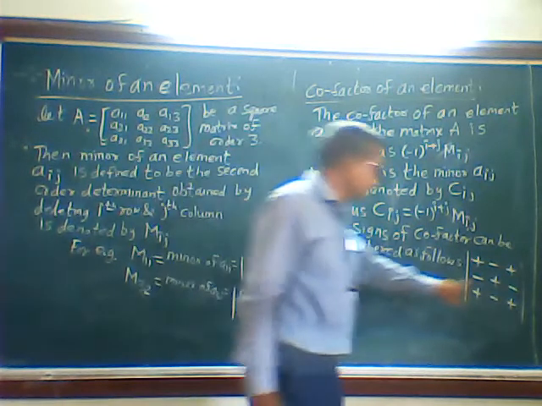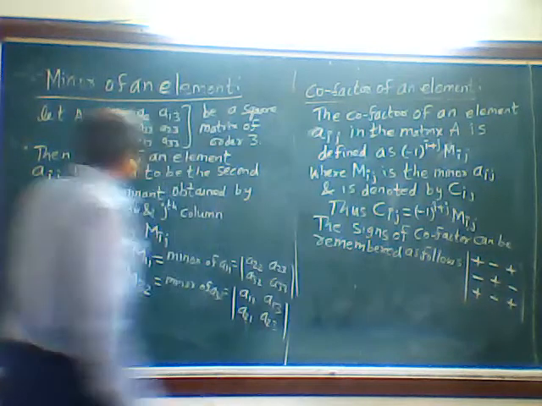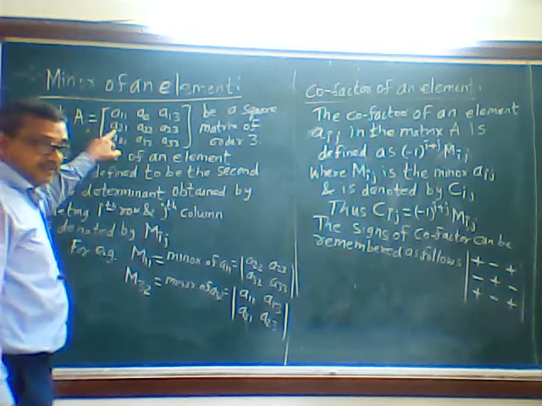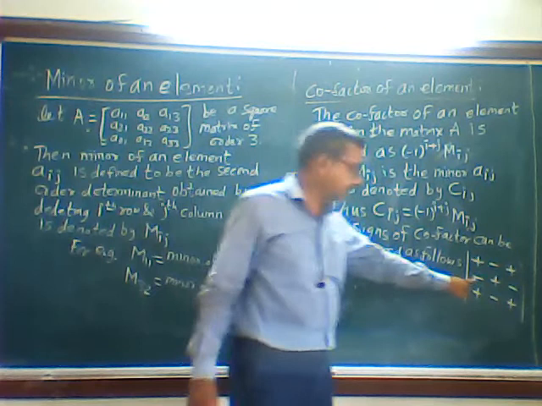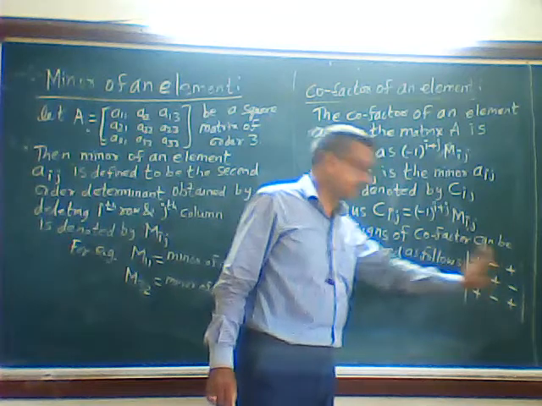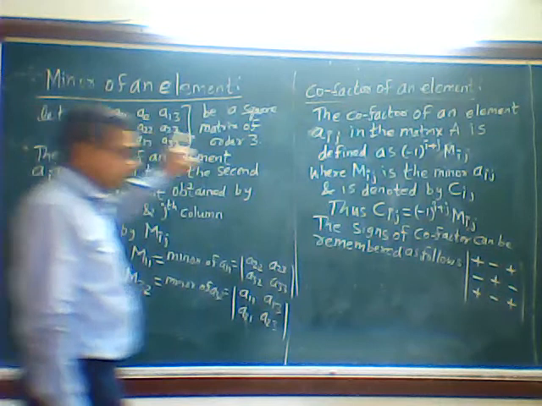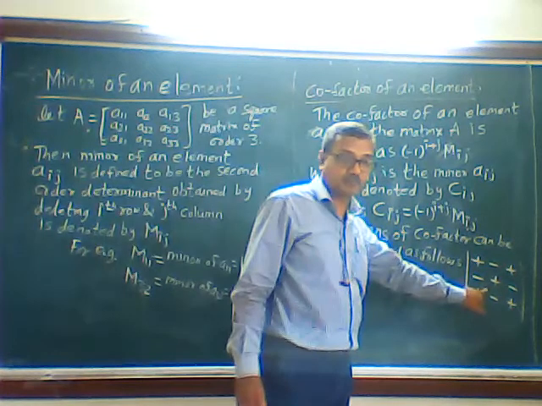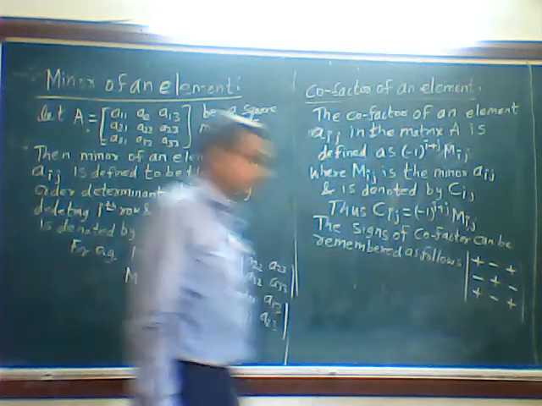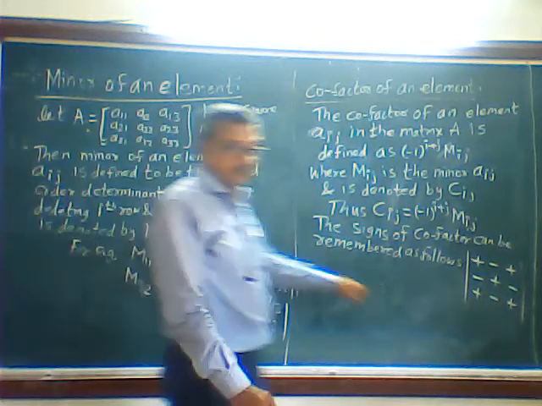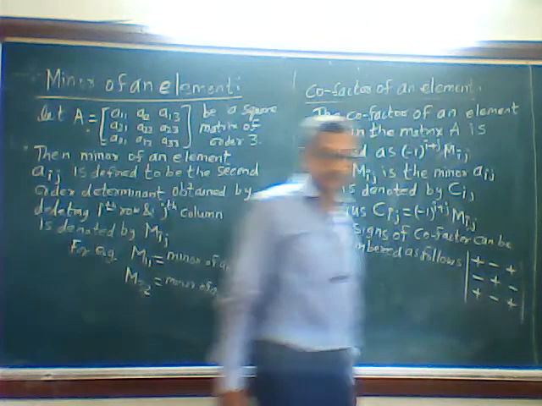Next, this is negative. Why? A21. 2 plus 1 is 3, an odd number. That's why negative. Next is a plus. That is A22. 2 plus 2 is 4, an even number, positive. Next is negative. A23. 2 plus 3 is 5, an odd number, that's why negative.